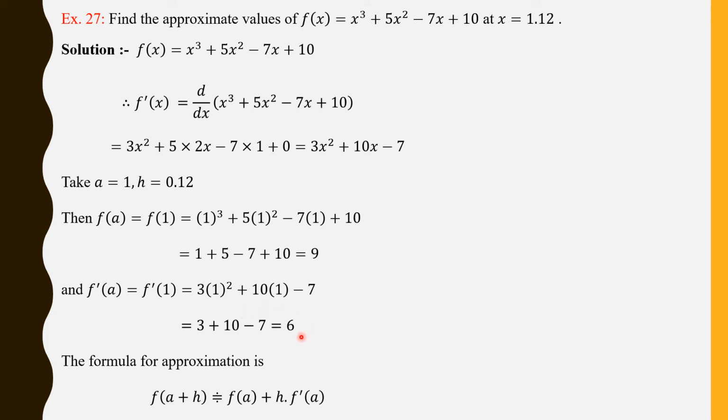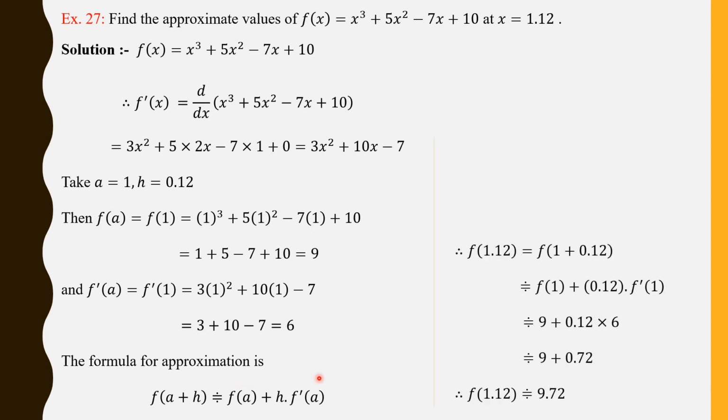Simplifying, we get 6. The formula for approximation is f(a + h) = f(a) + h·f'(a). Therefore, f(1.12) = f(1 + 0.12). Put the values in the approximation formula, we get f(1) + 0.12 into f'(1). The value of f(1) is 9, the value of f'(1) is 6.